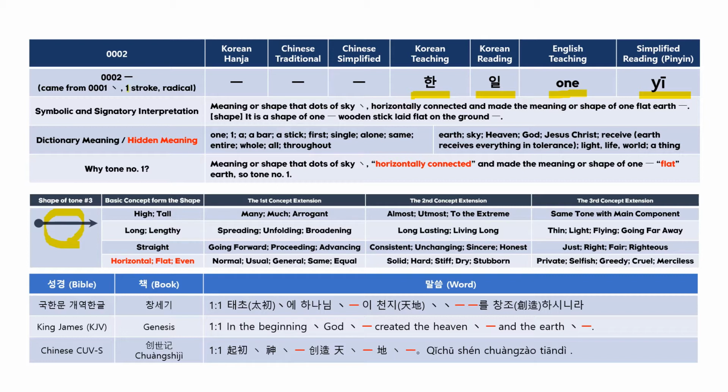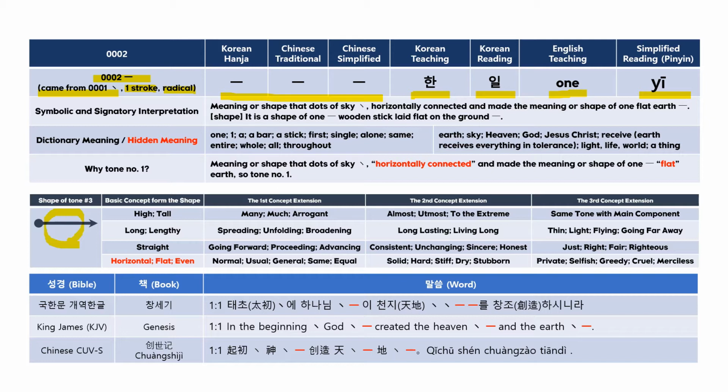This 1 is a one stroke radical. There are 214 radicals in Chinese characters, also in Korean Hanja. Same. This 1E came from the first character, dot, zu. The same shape in Korean Hanja and Chinese traditional and simplified as well.